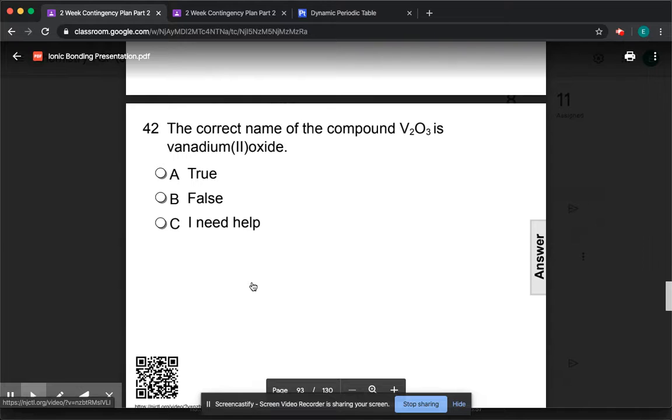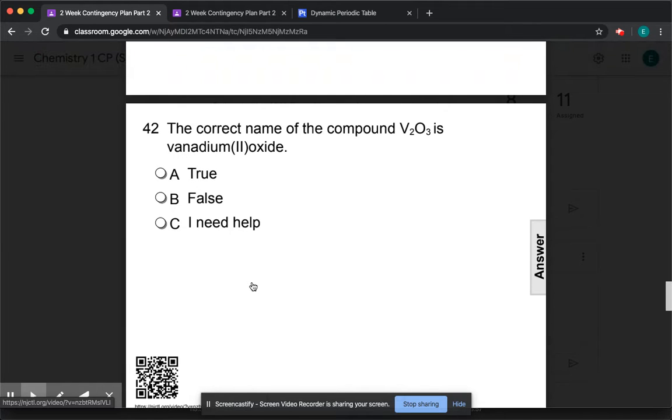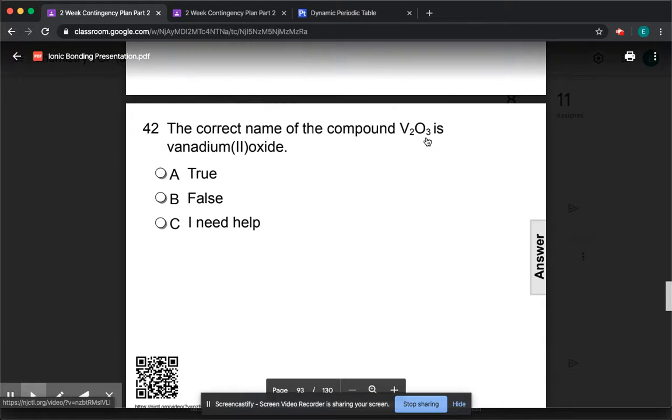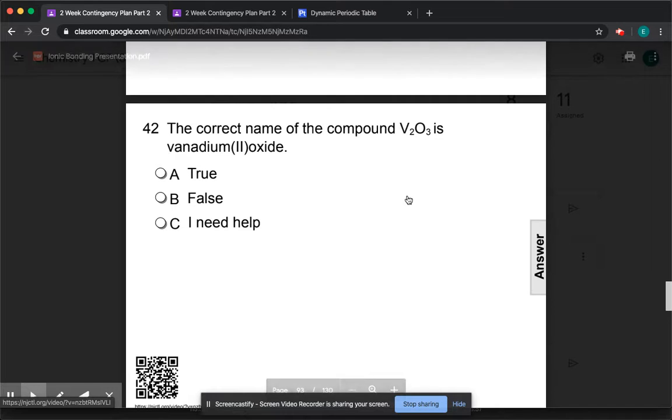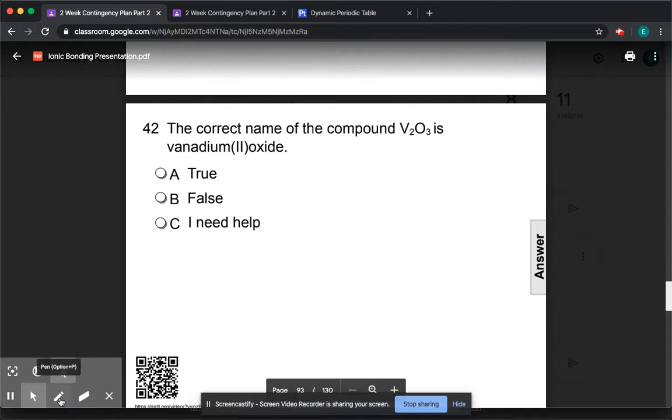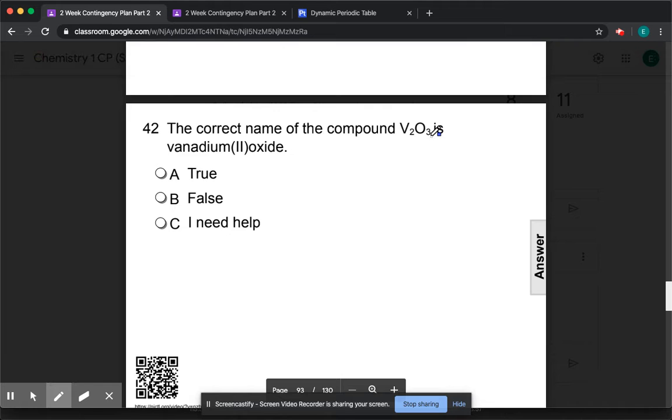Let's do 2 of these examples. It says the correct name for this compound is vanadium 2 oxide. Is this true? So what's the charge on the oxygen? Let's use the formula they just showed us. The charge on the oxygen is -2, and you have 3 of them.